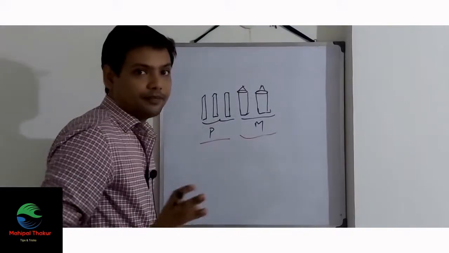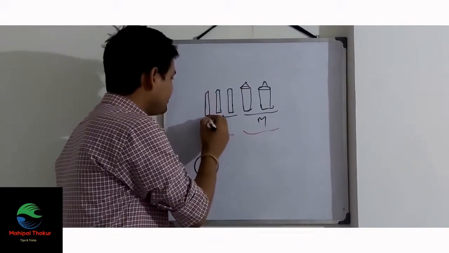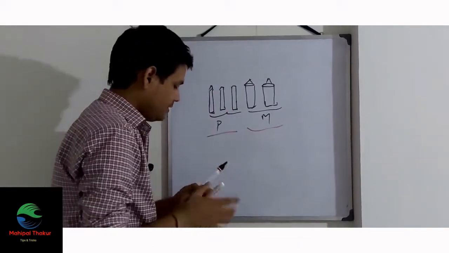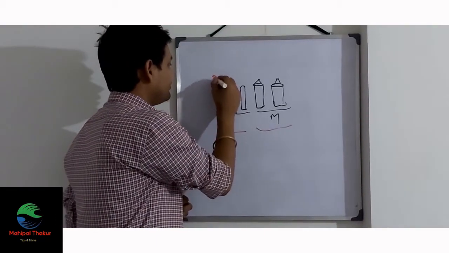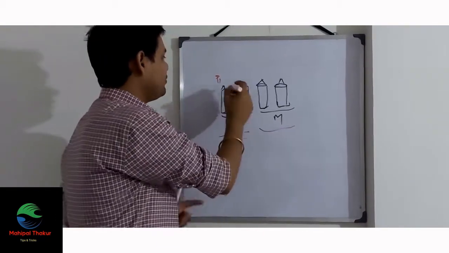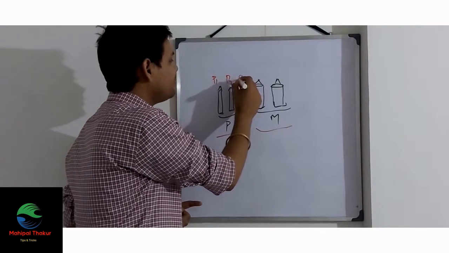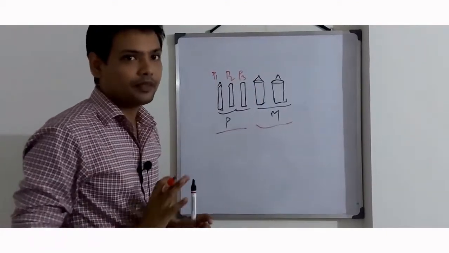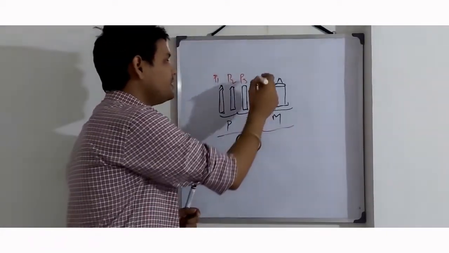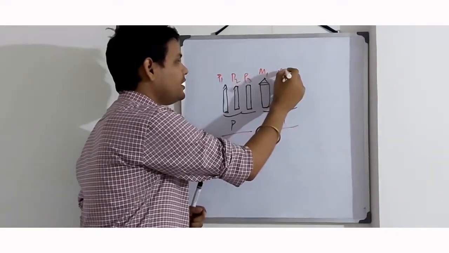Look at this logically. We can either pick the first pen, which we call P1, or the second pen, P2, or maybe the third pen, P3. Or maybe we can pick a marker, the first one is M1 and the second one is M2.